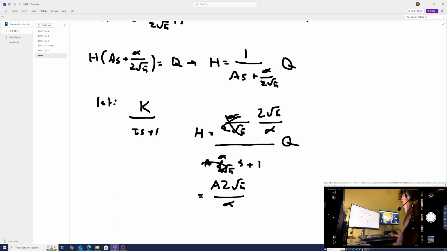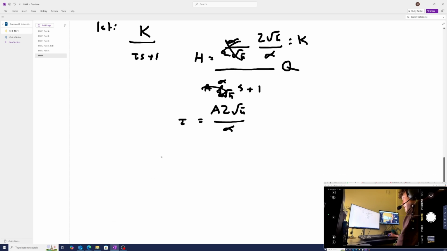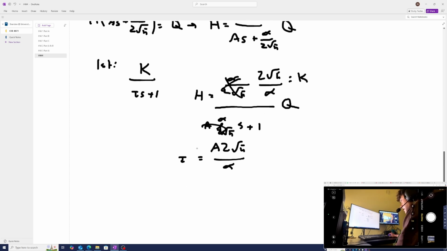So this is now equal to our tau, this is equal to our k, and we have our 1 here. So now we have our big H is equal to that times Q.